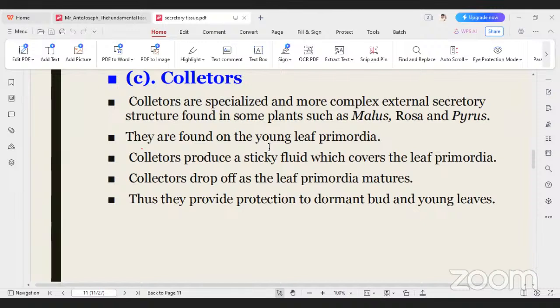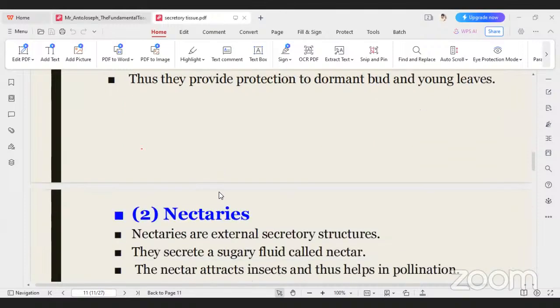The collector drops off as the leaf primordia matures. Thus, they provide protection to the dormant bud and young leaves, and also protect from animals. As it is sticky in nature, some insects are trapped in it. So this is the function of the collector.